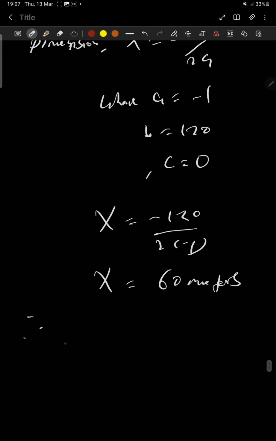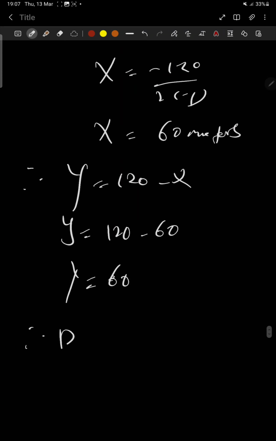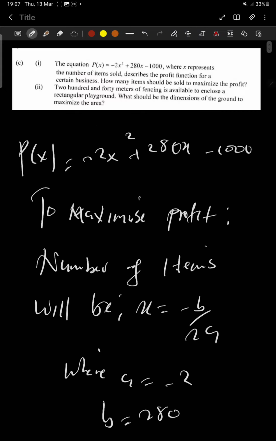Okay, so to get the y, we have y is equal to 120 minus x. So y will be equal to 120 minus 60. Our y is equal to another 60. So therefore our dimensions will be x is equal to 60 meters and y is equal to 60 meters. Okay, these are our answers. That's how you go about this.